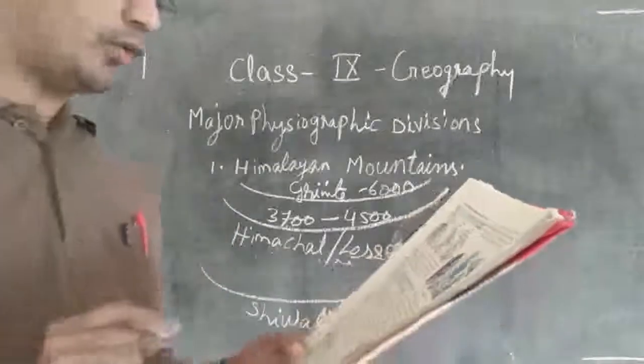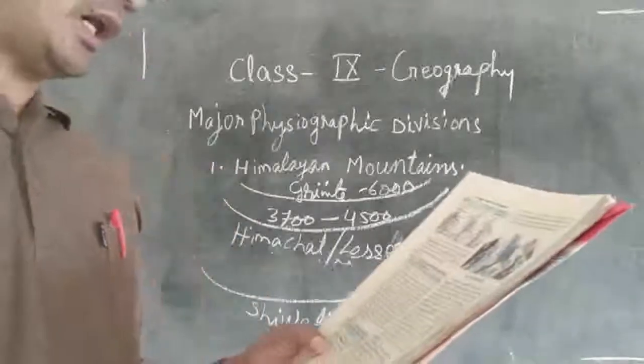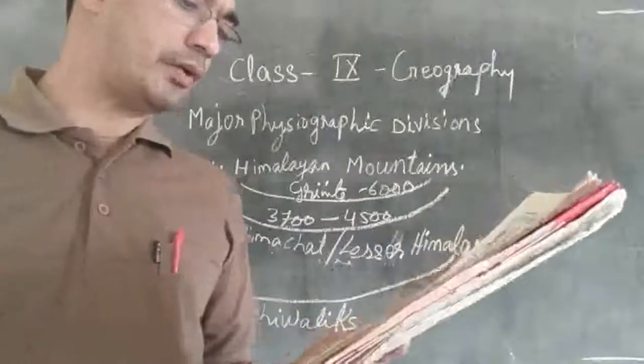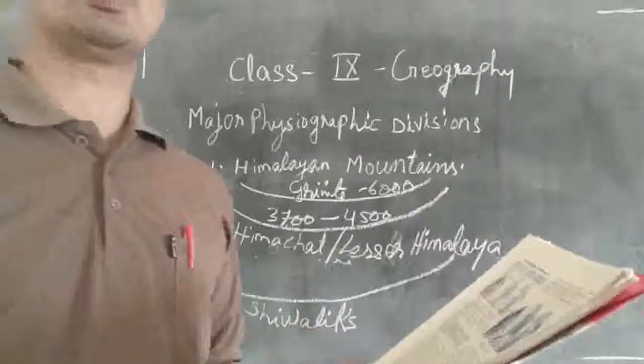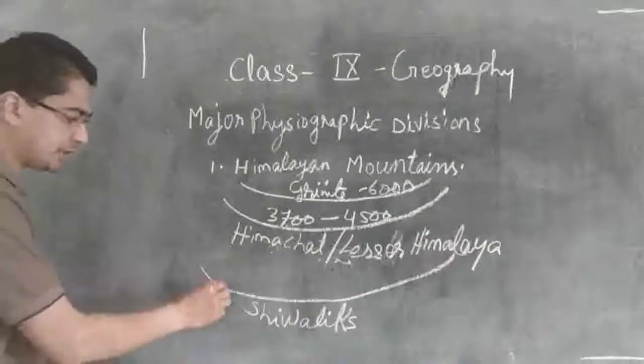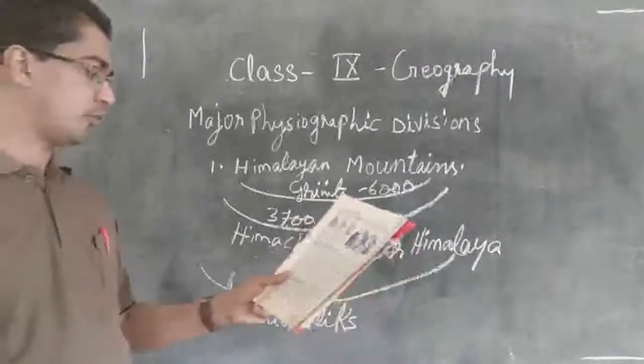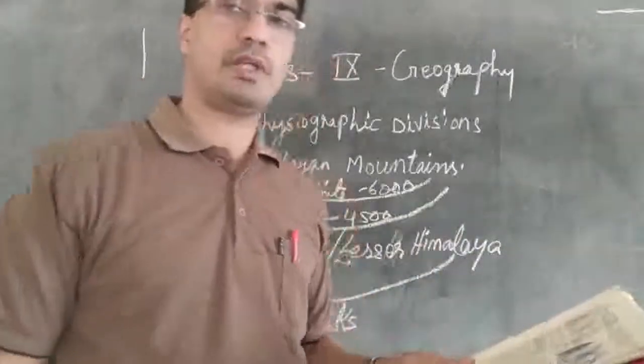They extend over a width of 10 to 50 kilometers and have an altitude varying between 900 to 1100 meters. So what is the width of this? The width of this mountain is 10 to 50 kilometers.